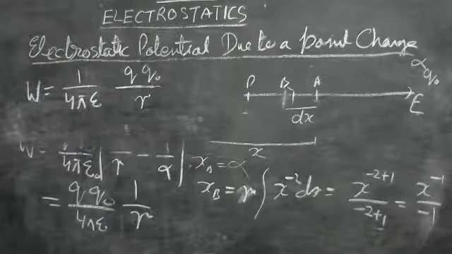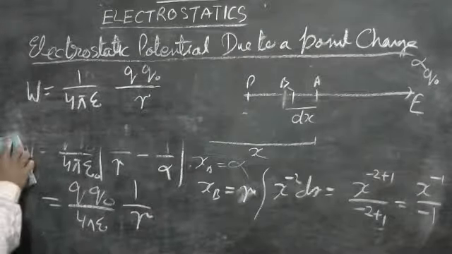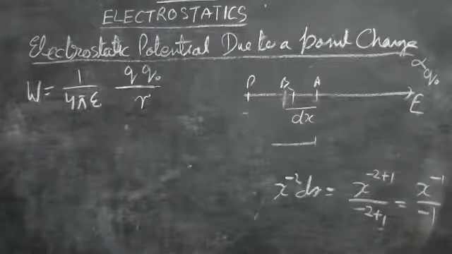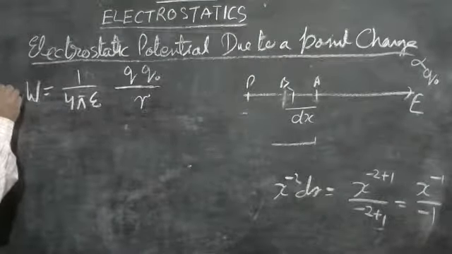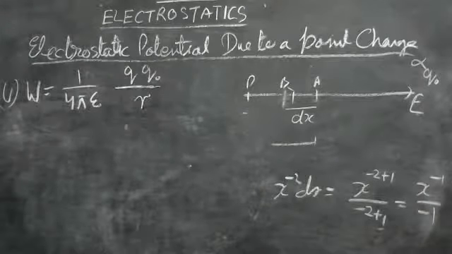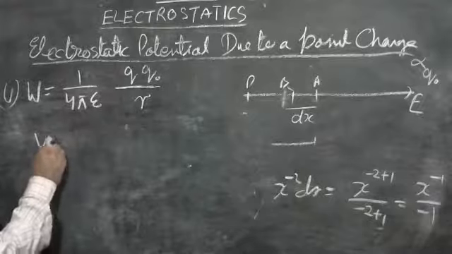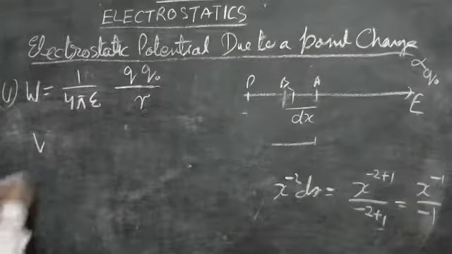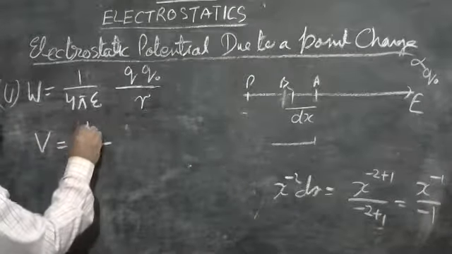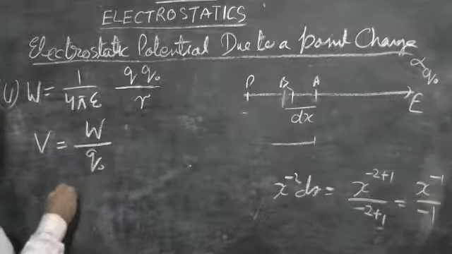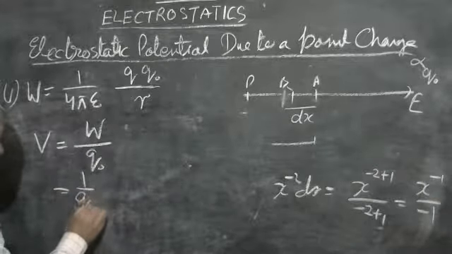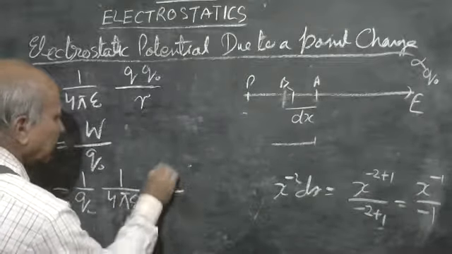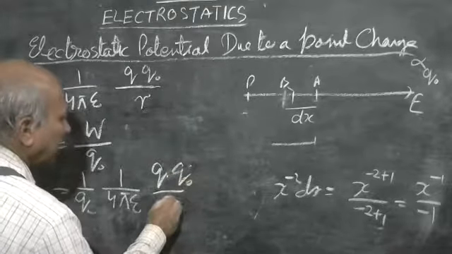Now we know potential energy. This is potential energy, we can also write U as potential energy. But potential V is equal to work upon unit charge: 1 upon unit charge into 1 upon 4 pi epsilon naught q into q naught upon r.